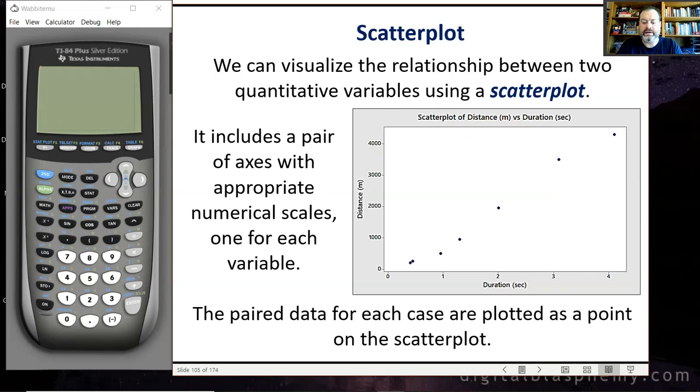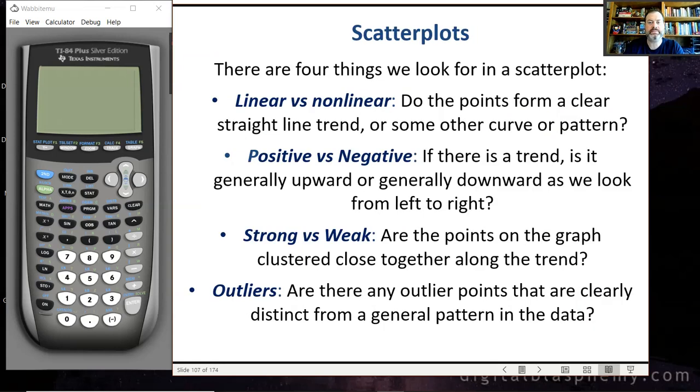The idea then is we want to describe the relationship between the two variables. We want to know, is there an association? That's the first question. But because scatterplots are so detailed, we wish to learn more about the association. That comes up with the types of descriptions we use. There are 4 things we're going to look for. Linear versus nonlinear: do the points form a clear straight line trend or some other curve or pattern?